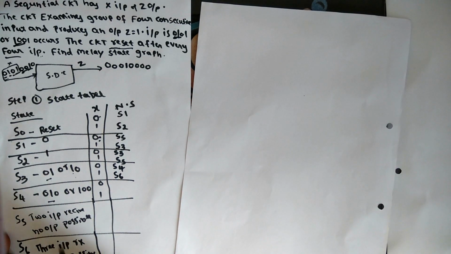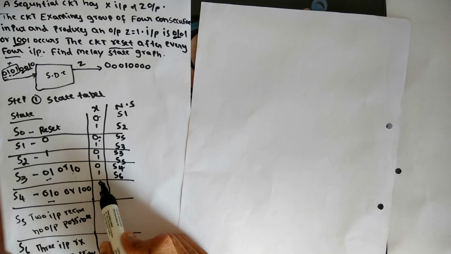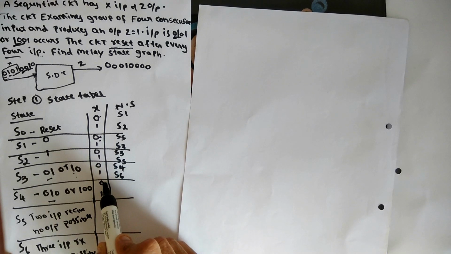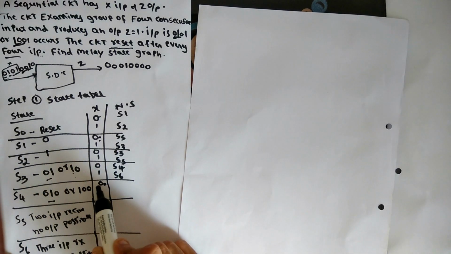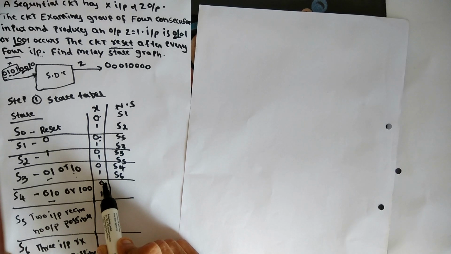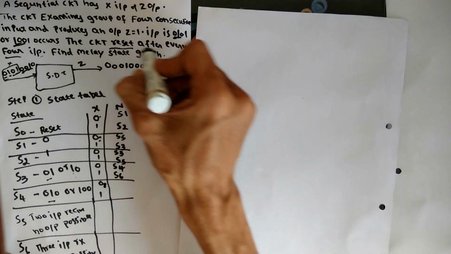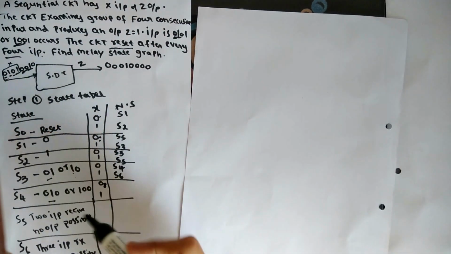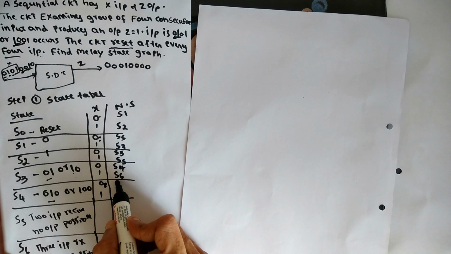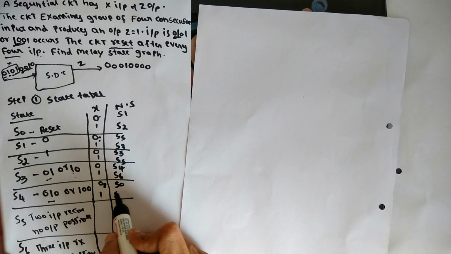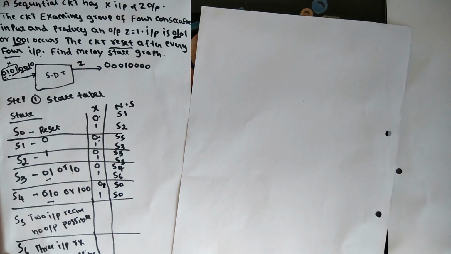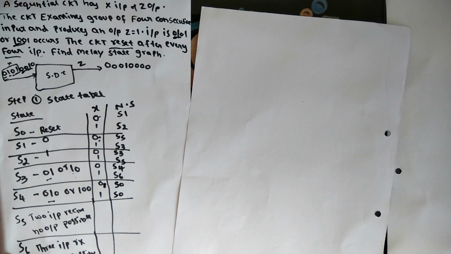Similarly, S4 with 0 1 0. Once the count reaches 4 inputs, it has to reset, because whatever 0 1 0 0 is, after every 4 inputs it has to reset. So we can directly call this S0. All those states become S0 only.